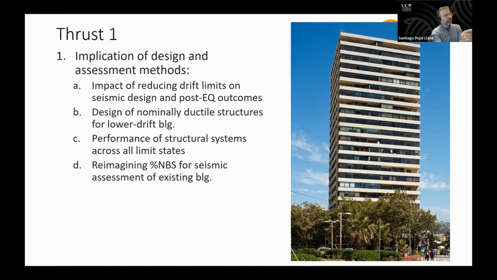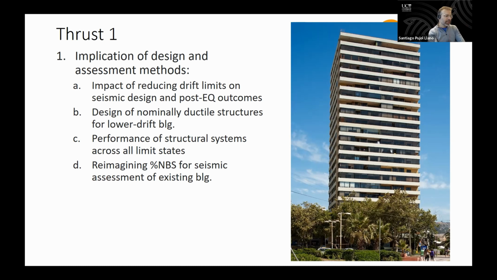In regards to lowering the drift limit, one tricky aspect there is that if the alternative is to design what we call here in New Zealand nominally ductile or limited ductility structures, that might backfire if that comes at the expense of reducing the detailing or decreasing the quality of the detailing.